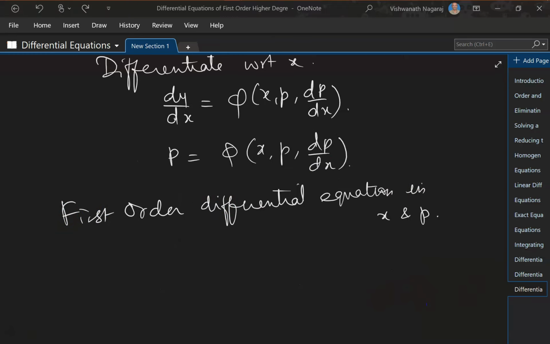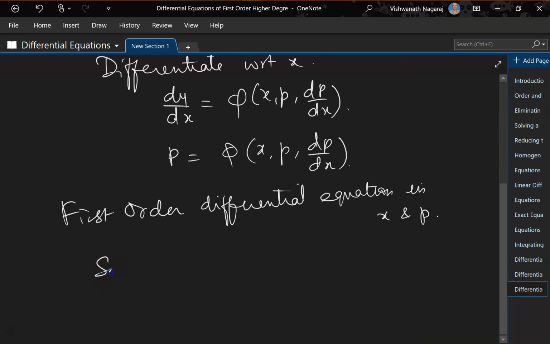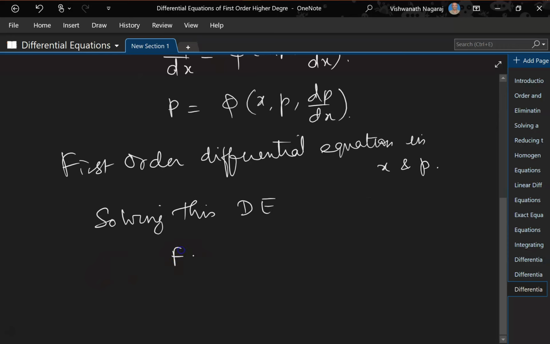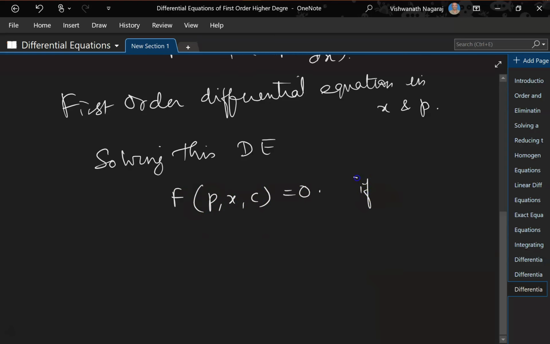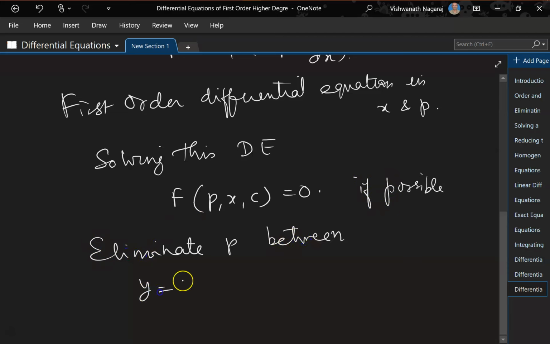Now when we solve this DE, we get, let's say, f of p, x, c equal to 0. That is, if it is possible to solve it. Now eliminate p between y is equal to f of x comma p and f of p, x, c equal to 0.